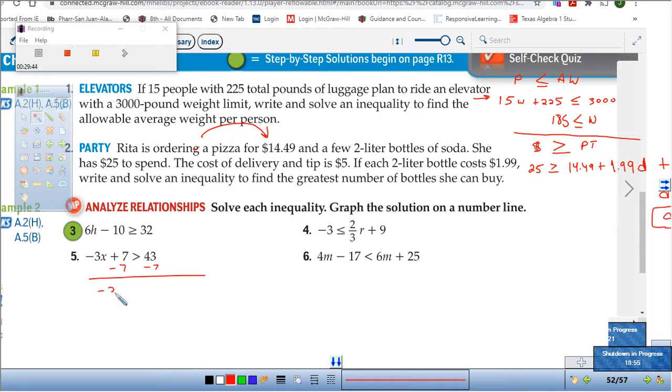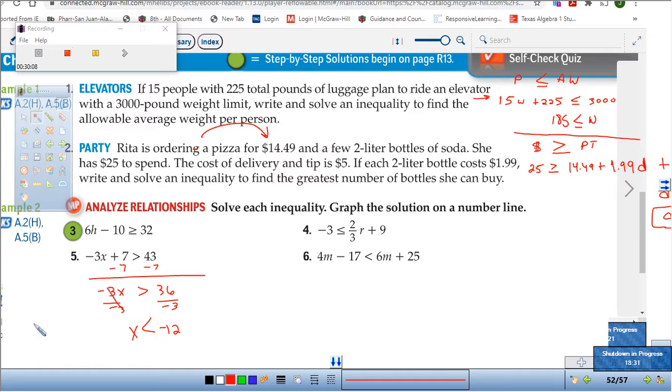This gives me -3x, cancels out here, greater than or equal to 36. Now we're going to divide by -3, divide by -3. This comes out here, x. Look at this part here, it switches, because I divided by a negative.